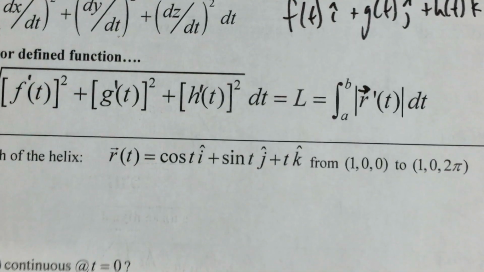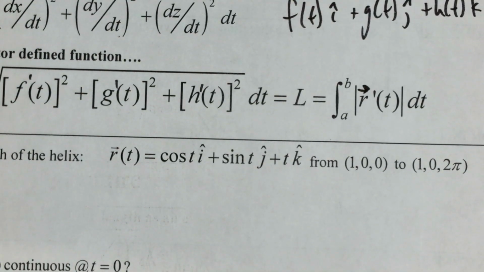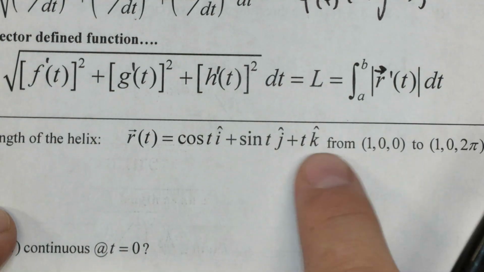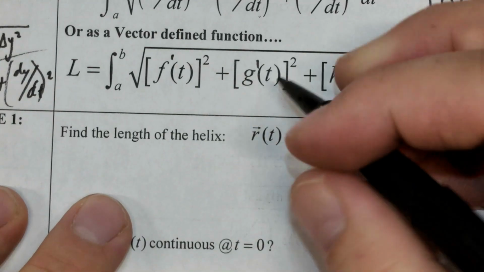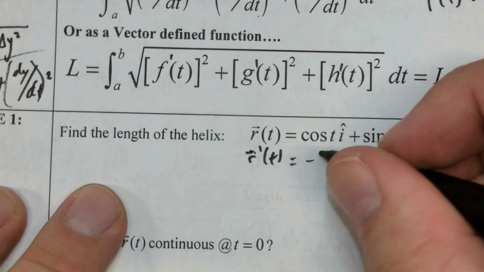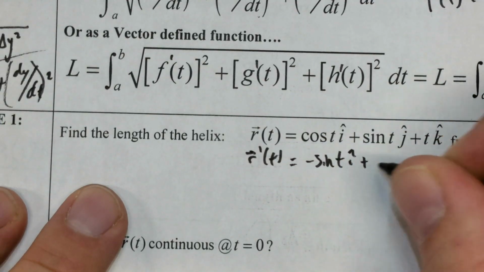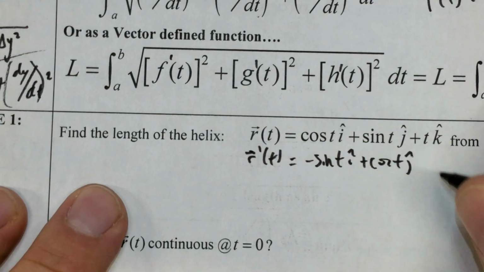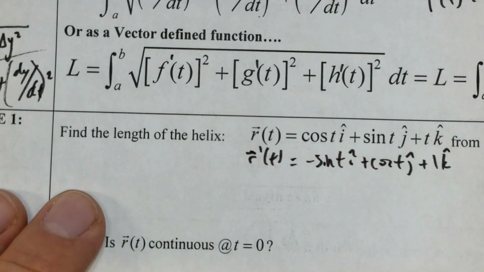Whew. A lot of language there for a clean and simple idea. Let's do this one together. Again, my derivative here, r prime of t, would be negative sine t i plus cos t j plus 1k.